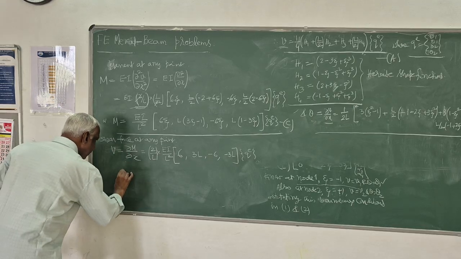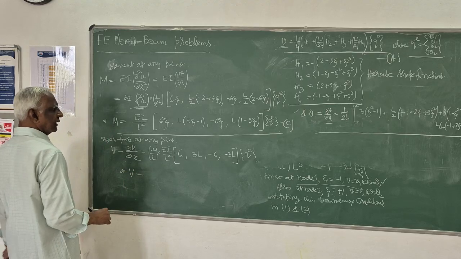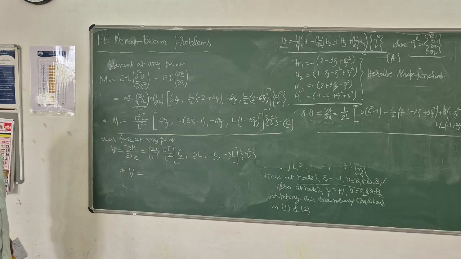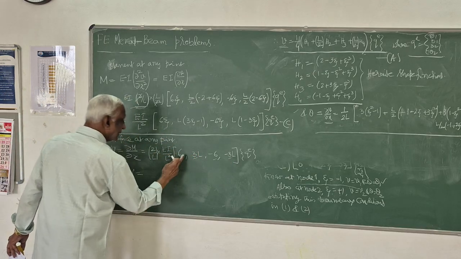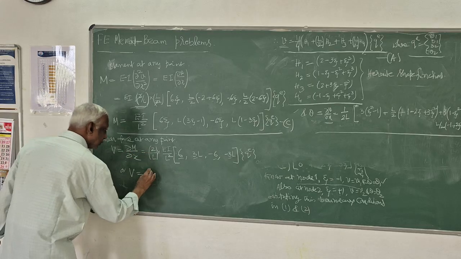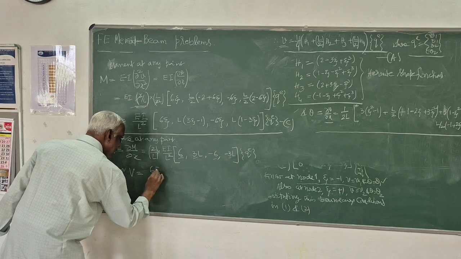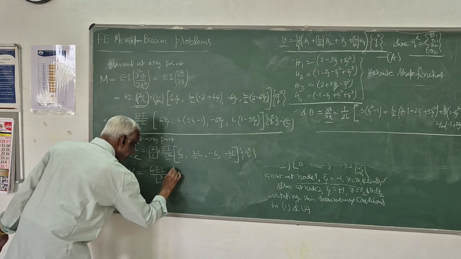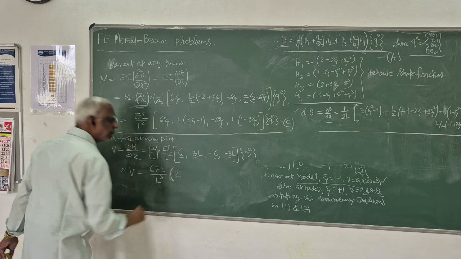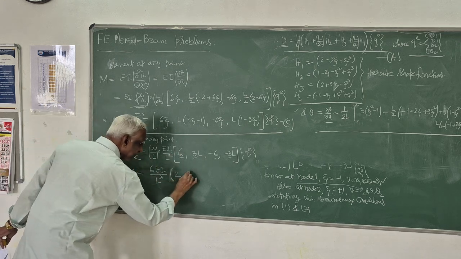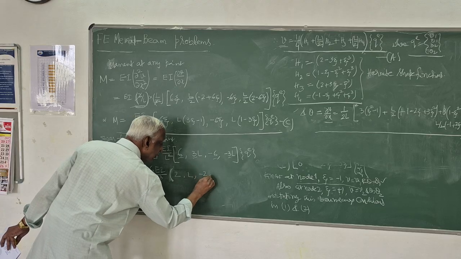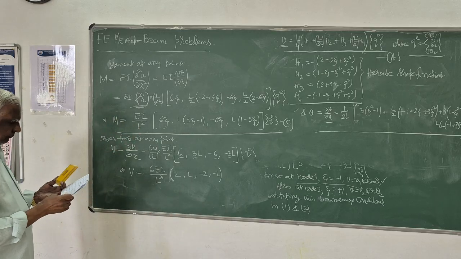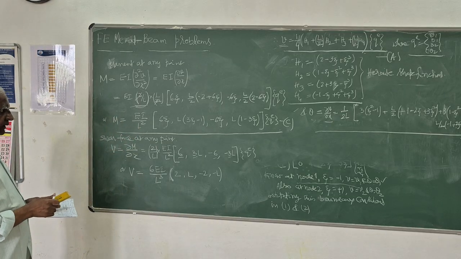So for V, here I will take 3 outside, the common factor 3, so that 3 into 2 will be 6, L by L cube into, this will be 2, 3 I have taken outside, this will be L, minus 2, this will be minus L, 2, then 3.